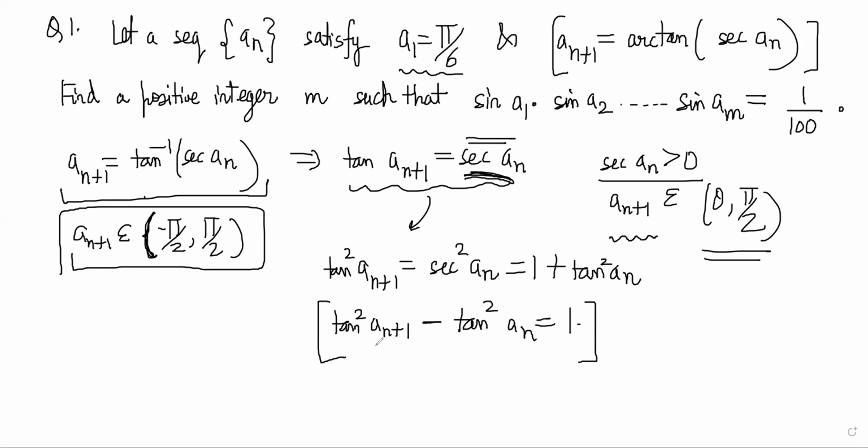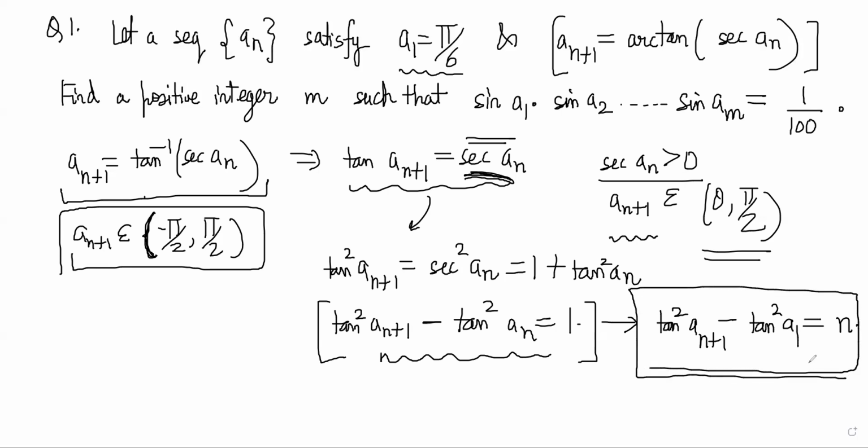So if you put n as 1, 2, 3, and so on, and keep adding it, you will be able to come to the conclusion. If you just take n terms, only the first and the last terms will remain here, right? And this side it will become n. So by adding different copies of this it will become a telescoping series, and you will end up getting tan square an plus 1 minus tan square a1 is equal to n, right?